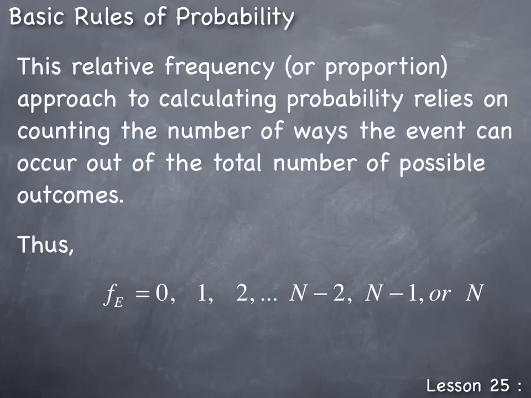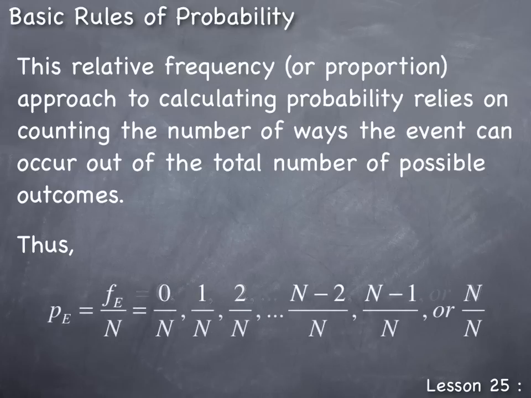Thus, when calculating the probability of the event occurring, we just divide this frequency by N, the total number of possible outcomes, giving us the probability of E is equal to the frequency of E divided by N. Thus, the lowest the probability can ever be is 0 out of N, and the highest the probability can ever be is N out of N, or anywhere in between. 0 divided by the total N always equals 0, and N divided by N, the total divided by the total, always equals 1.